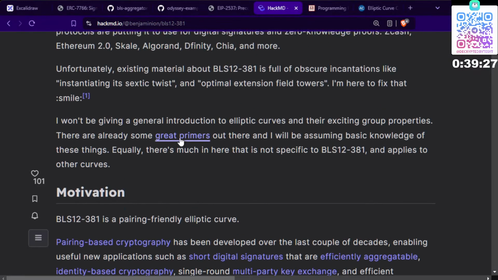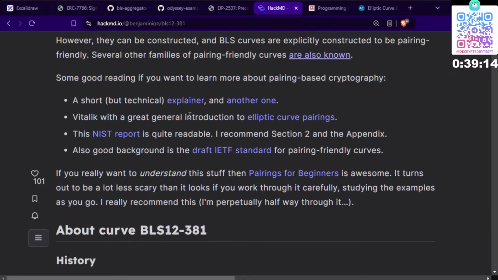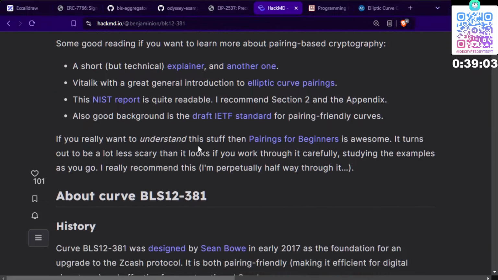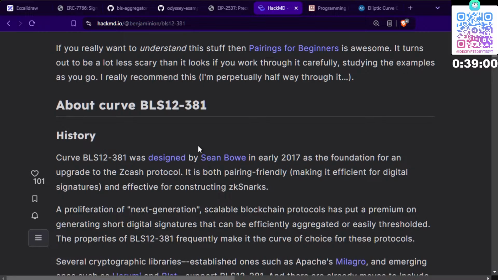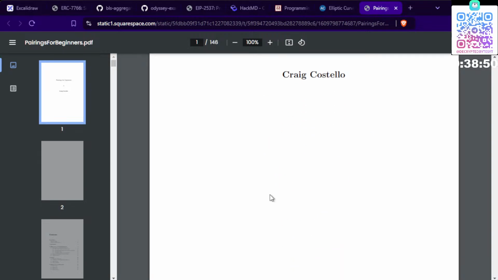These primers, then these explainers, we can also check this. This would be much more interesting because Vitalik wrote it. Also, good background is the draft IETF standard for pairing friendly curves. If you really want to understand this stuff, then Pairing for Beginners is awesome. Let's check that too.